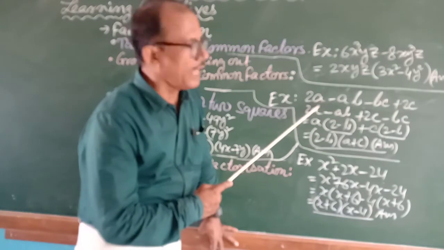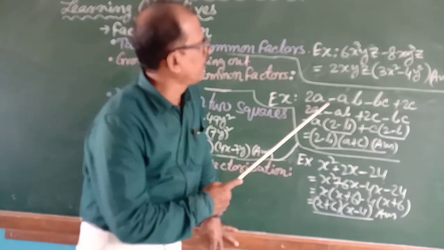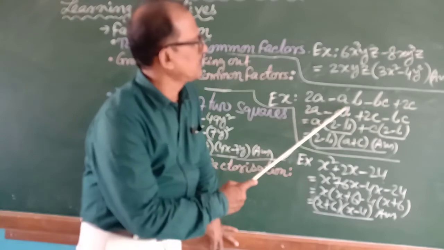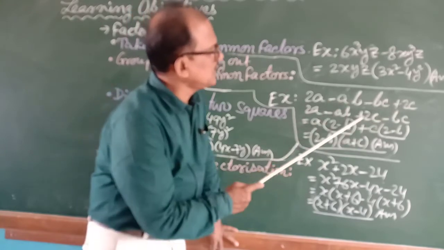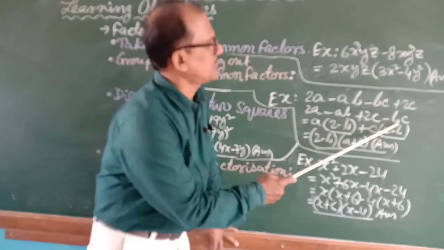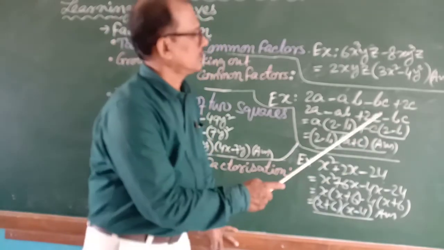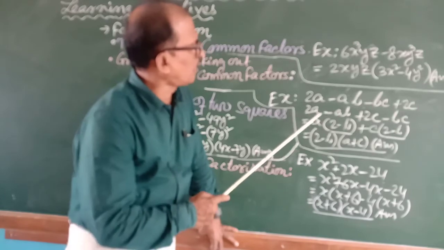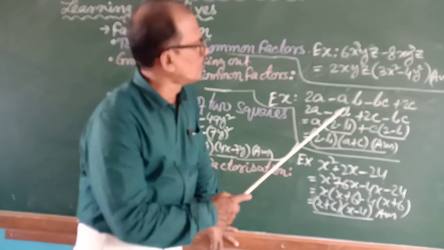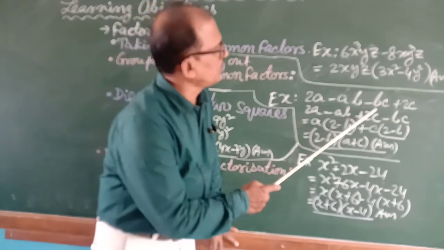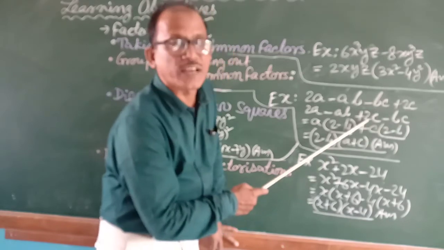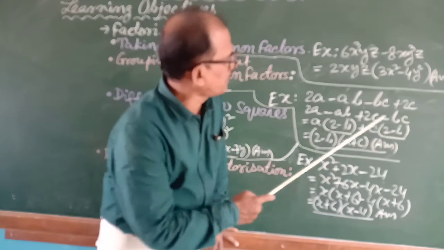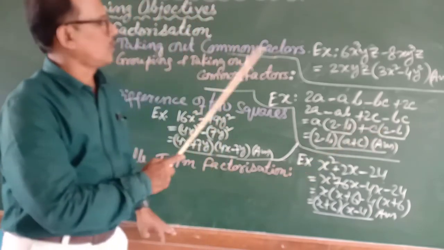That is why, as the first step, I have rearranged this expression as 2a, ab is there. Now 2c I have written first and bc I have written after that. Why? If you take these two terms, the common factor is a, leaving 2 minus b. So among these two also you have to take some factor so that 2 minus b will be remaining, so that in the next step you can take out that common factor.